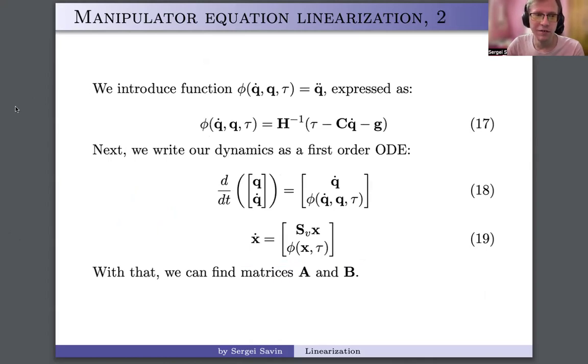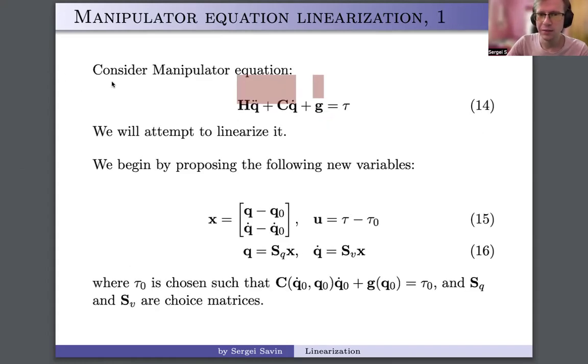Now we need one more variable to introduce, and that is the function phi, the function of Q dot, Q and tau, which would be equal to Q double dot, right? Phi is a function, is Q double dot. How do we introduce it? Well, let's go back a slide.